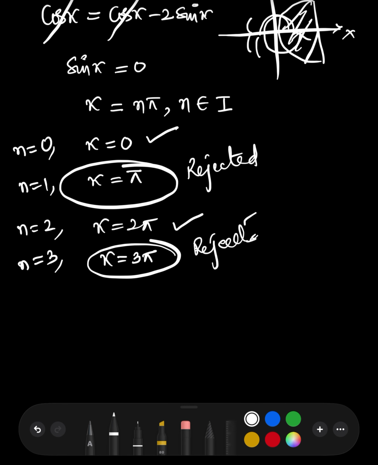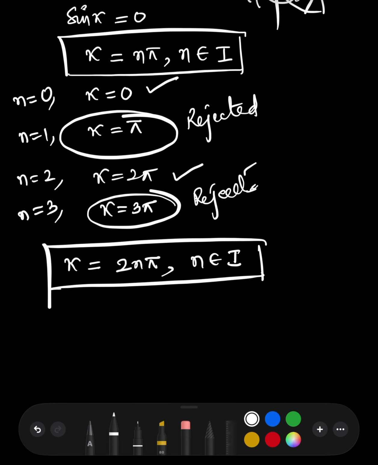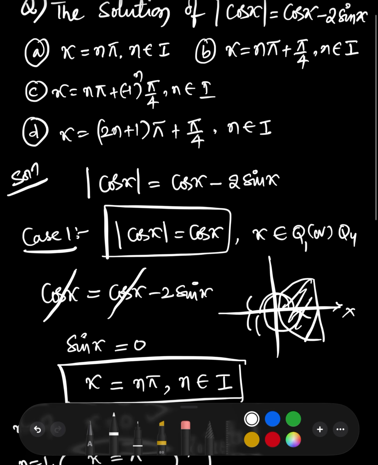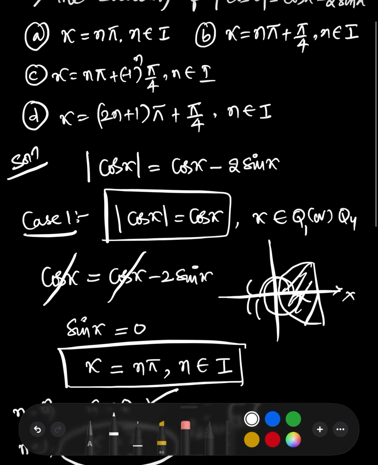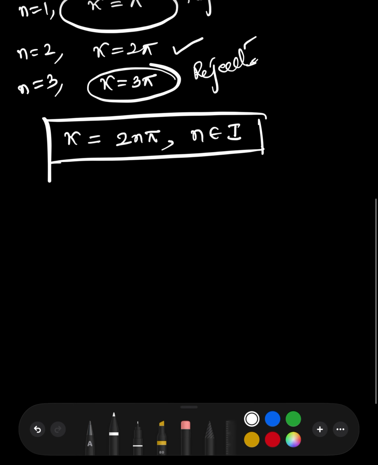Many people will think that x equal to n pi will be the final conclusion, but in reality, x equal to n pi where n belongs to I is not the solution. Rather, x equal to 2n pi, even multiples of pi where n belongs to I, is the solution for this case 1. Don't go for the wrong option, right?